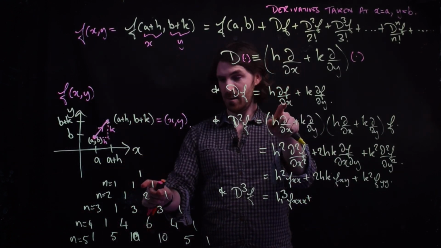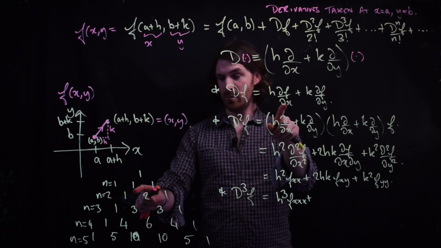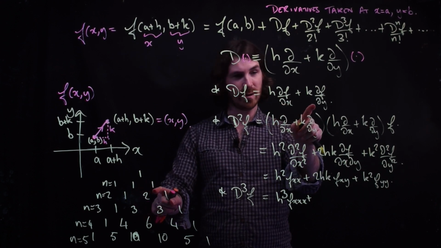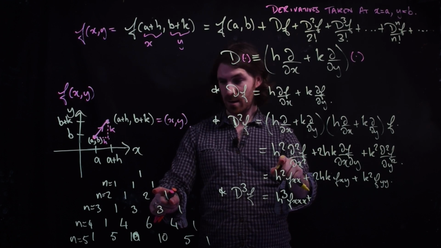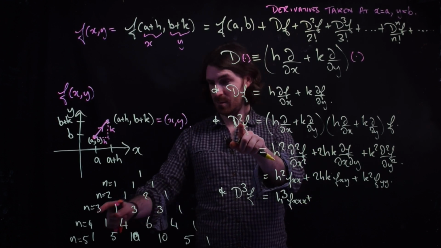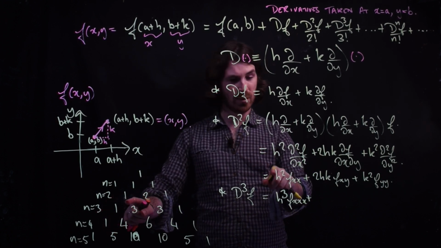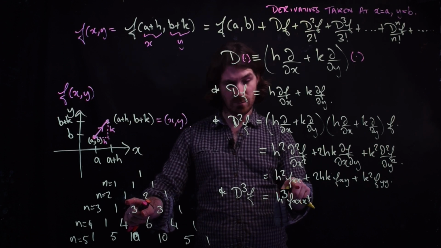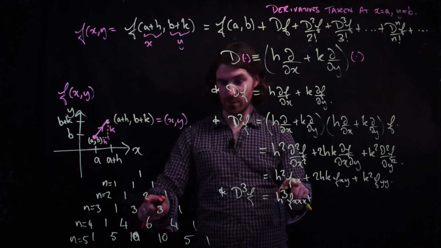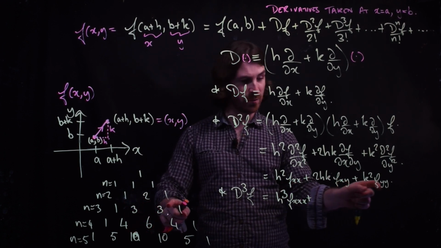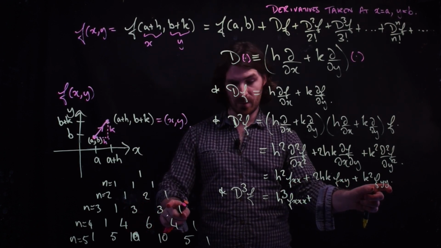Okay, so here we've got 1 df by dx, 1 df by dy. Here, d2f, so n equals 2. We've got 1 of h squared fxx, we've got 2 of the cross terms, and we've got 1 of the fyy.